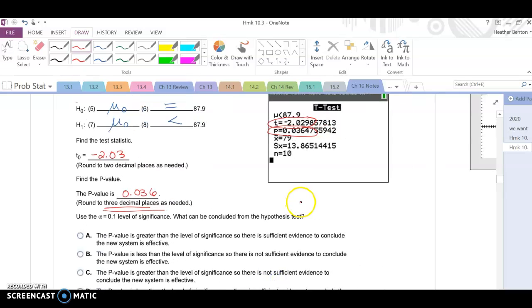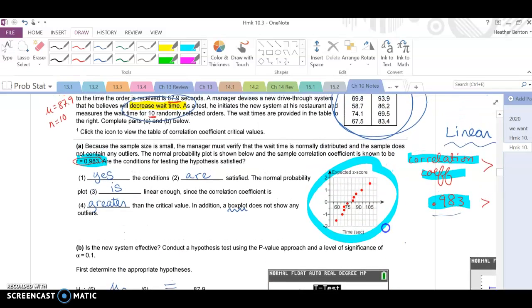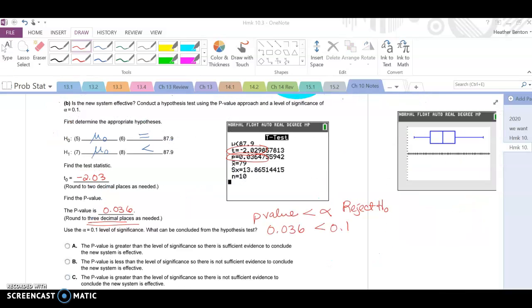So we know that we compare our p-value to the alpha, and if the p-value is less than alpha, we reject H naught. We reject the null. So in this case, our p-value is 0.036, and our alpha was at the 0.1 level. So since the p-value is less than alpha, we do reject H naught.